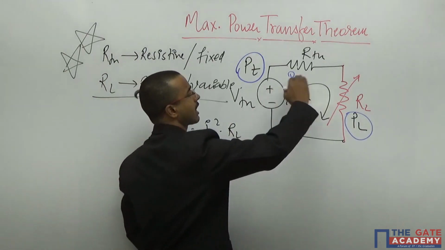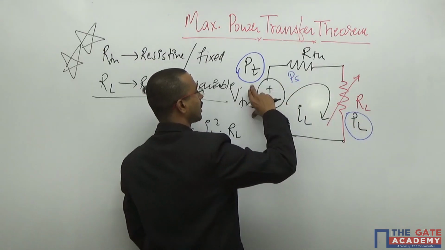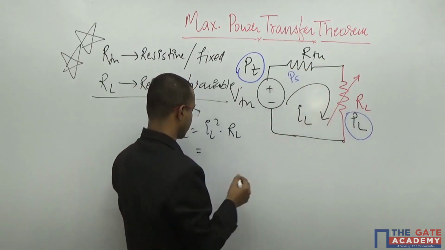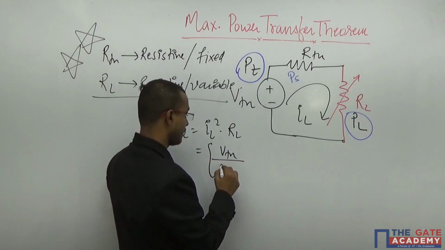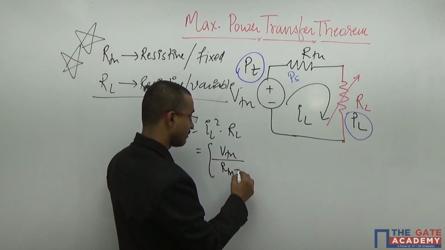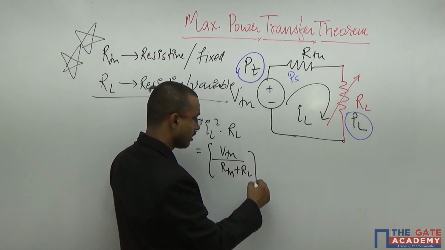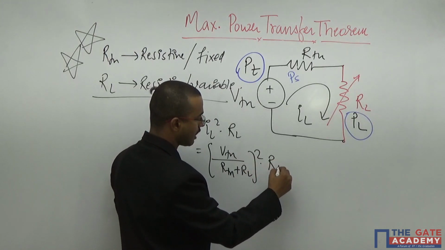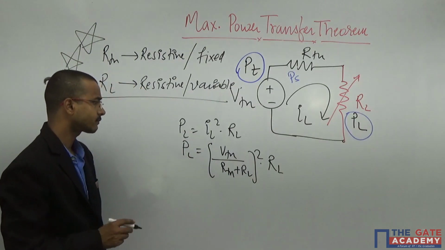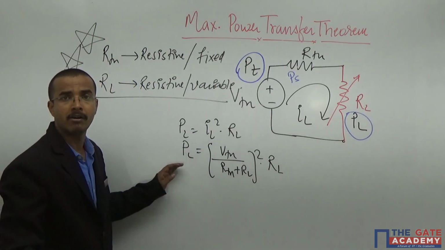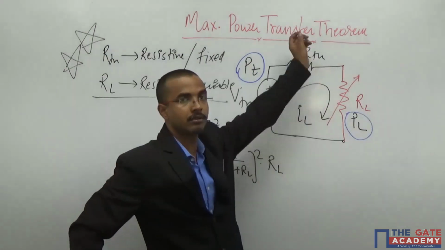IL means the current of this loop: total voltage divided by total resistance. That means VTH divided by RTH plus RL, whole squared, into RL. And this is my PL, the load power which I get across my load.